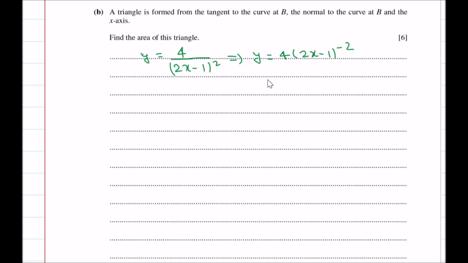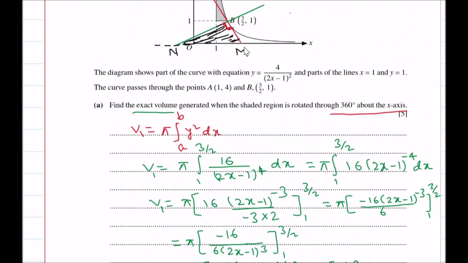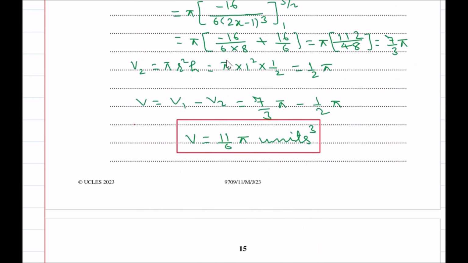Now why are we doing this? Because we need to find dy by dx. That will give us gradient of the tangent. Then we can find the equation of the tangent, and then we'll also have to find the equation of the normal, and then we'll find their intersection points, the coordinates of M and N. So we need here equation of tangent and equation of normal. Okay. So first of all, let us find equation of tangent.